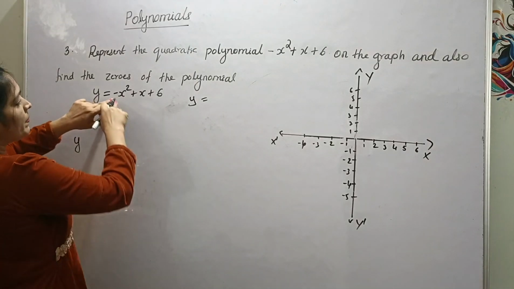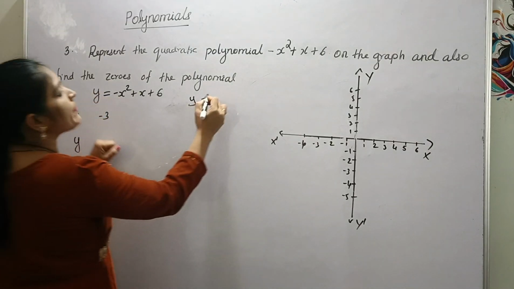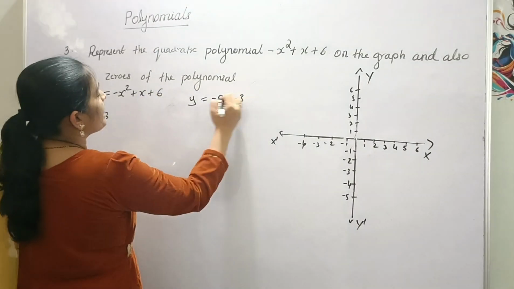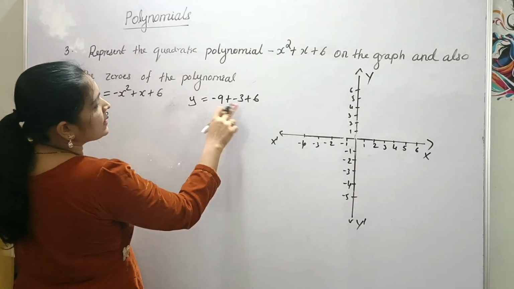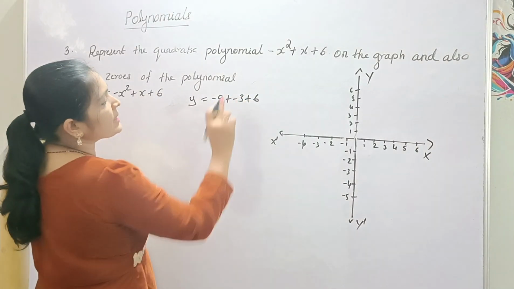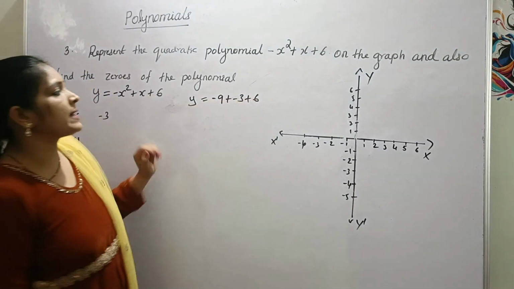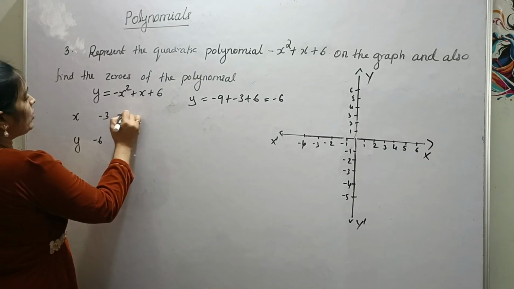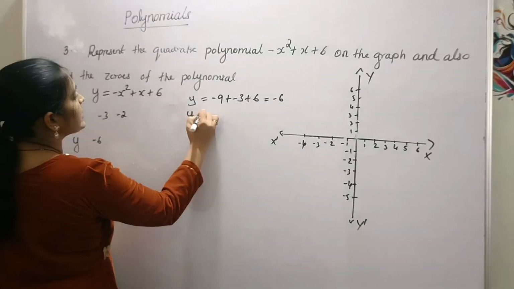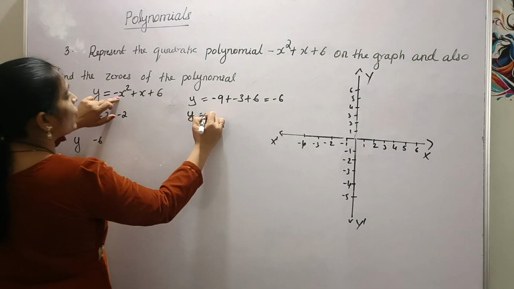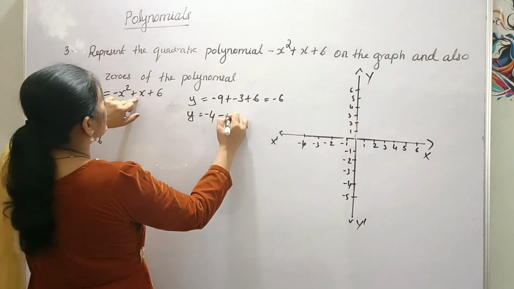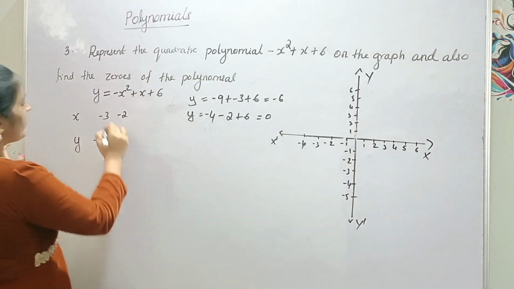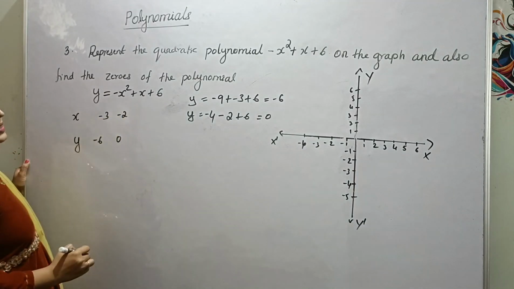When x is equal to minus 3, y is minus of minus 3 square, that is minus 9, plus minus 3 plus 6, that is minus 9 minus 3, minus 12, plus 6, minus 6. When x is equal to minus 2, y is equal to minus of 4, minus 2, plus 6, 0, right? So when x is equal to minus 2, y is 0.